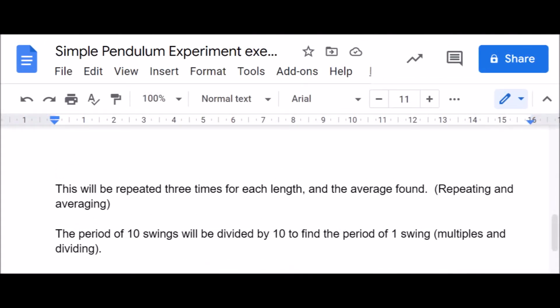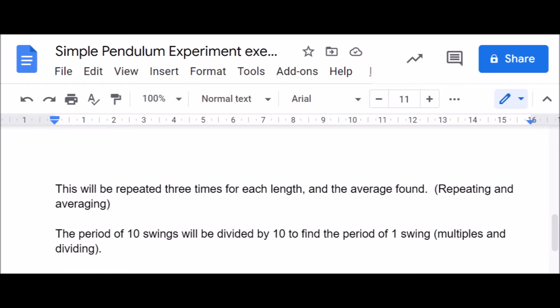After that, we need to think about our accuracy improving techniques, and there's 5 main ones that we can choose from. Repeating and averaging is the thing that we should always do, because that's going to help eliminate random errors like human errors starting and stopping the stopwatch. And so you can see there we've put down that we're going to repeat 3 times for each length and find an average.